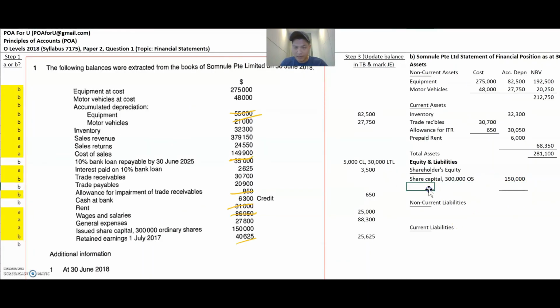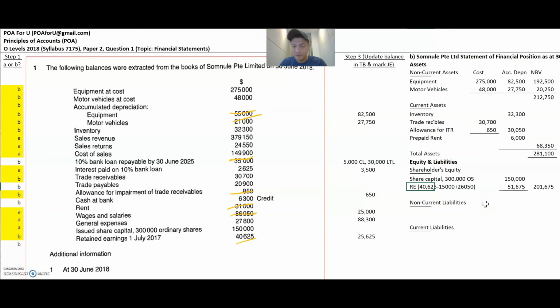You have then your retained earnings. Now retained earnings, what I've done is I've taken the retained earnings. RE is retained earnings, but you should write it in full. 40,625, and then I less 15,000, which is the workings here, which takes into account the dividend payment, and plus 26,050. What is this 26,050?